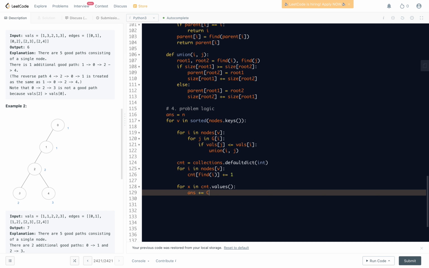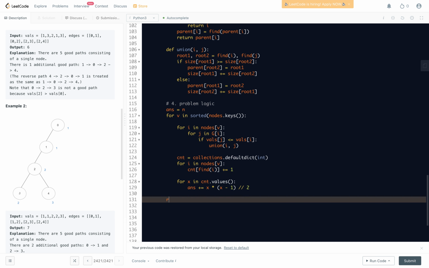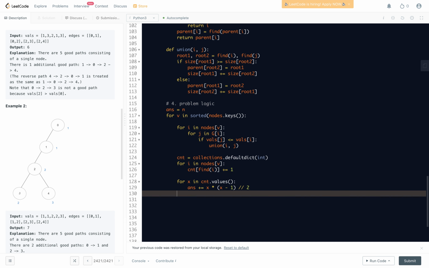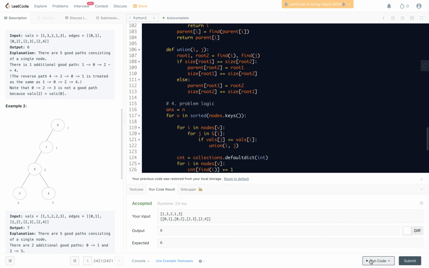So for x in count values, the answer will be incremented by choosing 2 out of these x, so that is x times x minus 1 divided by 2. Notice that if x is 1, this is still okay because this is 0. And that's all the main logic. Then what we need to do is just return the final state of this answer.